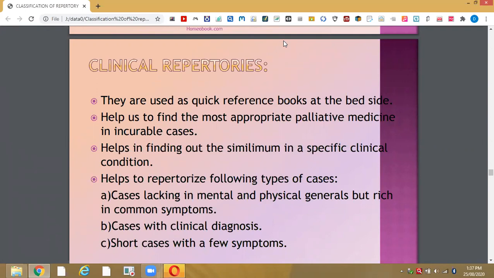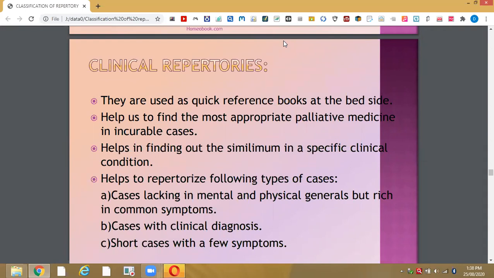Mostly the clinical repertories are helpful in incurable cases, the cases in which the pathology is too advanced, and in such cases we have to give temporary relief to the patient.